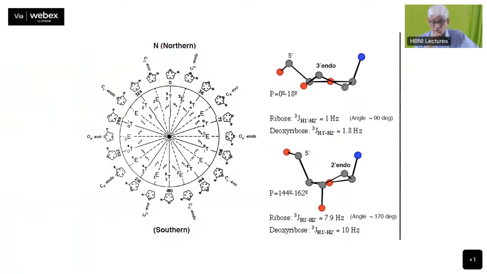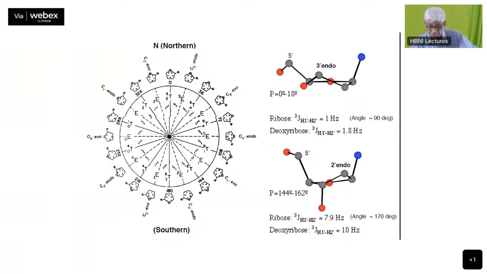In the case of ribose, the three bond coupling 1' to 2' is approximately 1 Hertz. This angle is 90 degrees. This is approximately 1 Hertz in the C3' endo geometry. In the case of deoxyribose, this is in the S region, right? This is the C2' endo geometry.